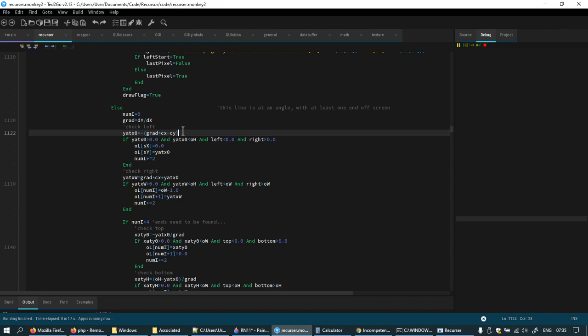Y is 0, so 0 equals mx plus y. So subtracting y from both sides, yeah, negative y equals mx, gradient times cx minus cy. I have a feeling that's not right.